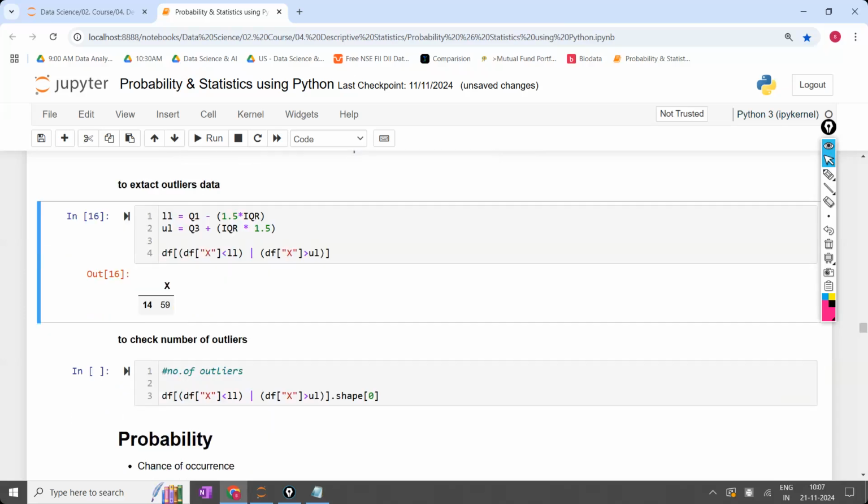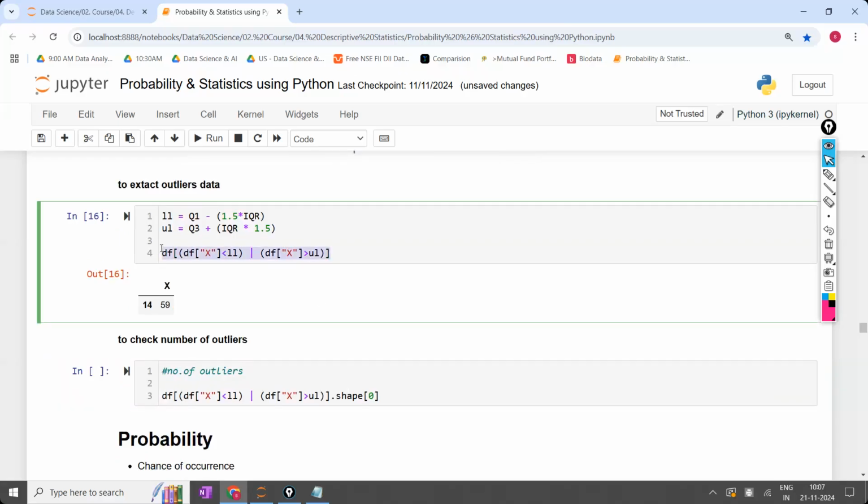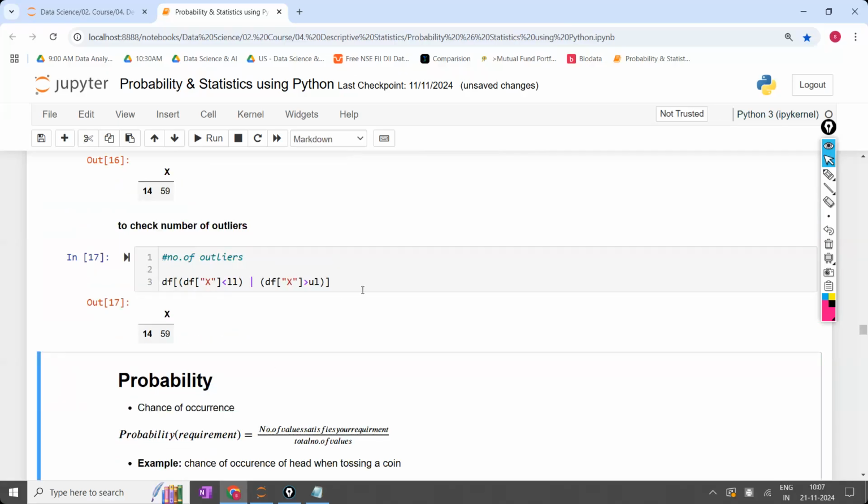Right? Now, how to check the number of outliers? How many outliers are there? So you know here, you are extracting the data. In this example, only one record is there. In your data set, maybe 10 records come, 20 records come, 500 records come, anything can come. So how are you going to check? For the given data frame, if I want to check the number of rows, how to calculate the number of rows?